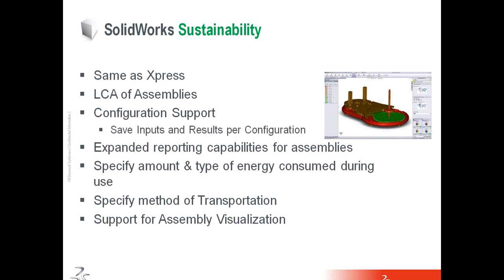So you can specify the method of transportation. We have 4 different modes of transportation. You can ship it via air cargo, or you can use a boat or a ship, and then there is a rail, and there is a bus or the road transport. Also, it has support for assembly visualization, which is really a novel way of looking at it. So I'll again talk about this when I'm doing a product demo.